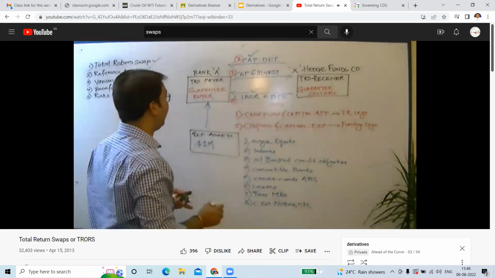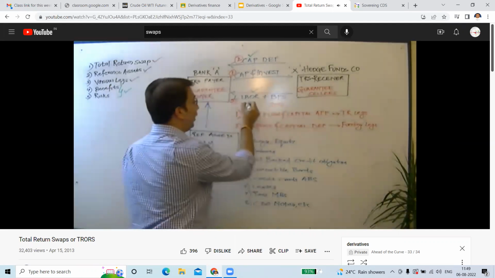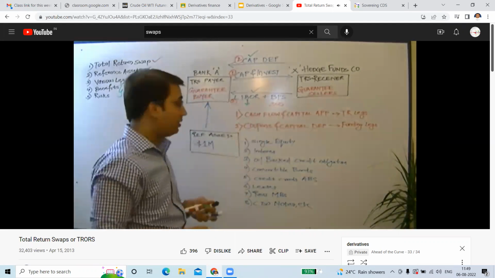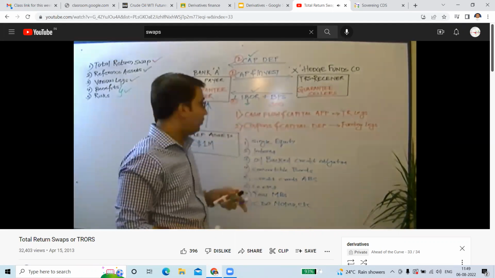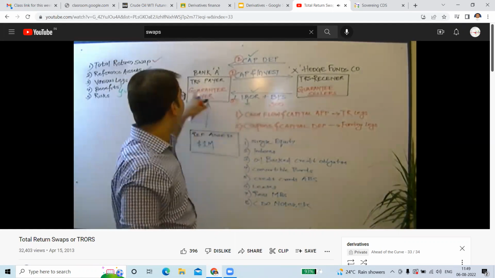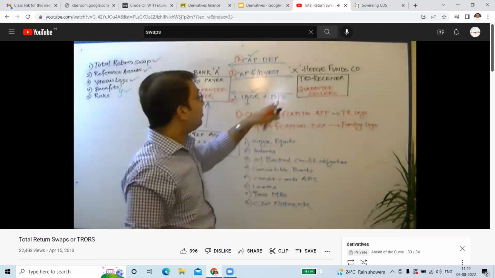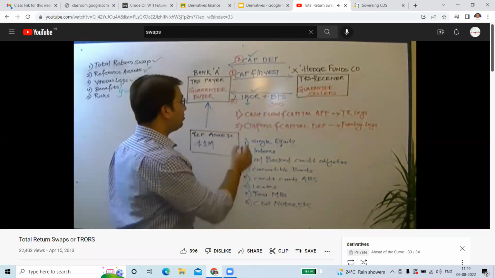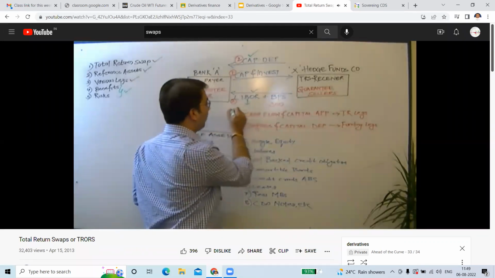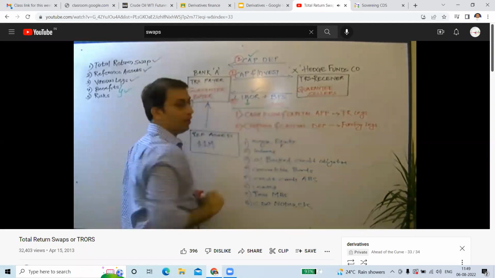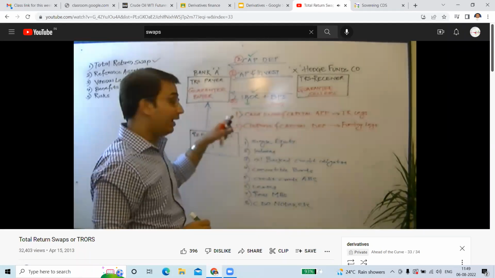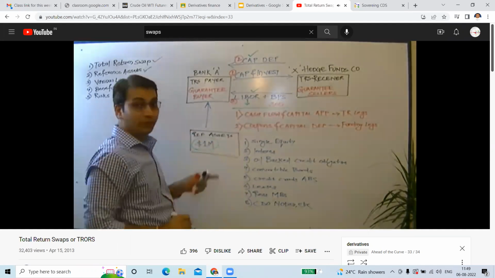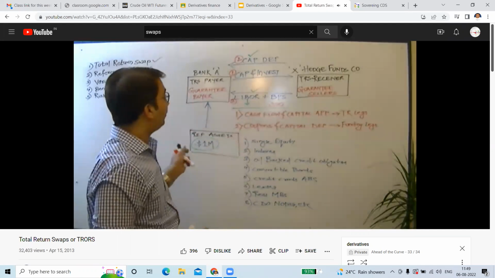The risk could be an interest rate risk. Sometimes it is possible that LIBOR could go down, so this is the interest rate risk for bank A. The major benefit for X, the hedge fund company, is that by just paying LIBOR plus this 300 basis points, he is getting an exposure worth $1 million. This is a major benefit from this perspective.